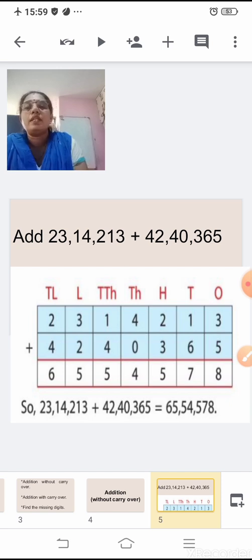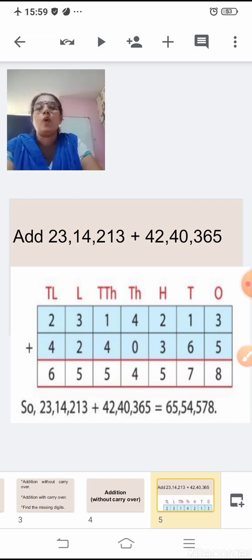40,365. Now first, as you can see in the table, you place the numbers according to the places you already learned. So 3 will be in the ones place; you place the numbers accordingly, make the table, and start the addition from the ones place. Here in the ones place, 3 plus 5 is 8, in the tens place 1 plus 6 is 7, 2 plus 3 is 5 in the hundreds place.